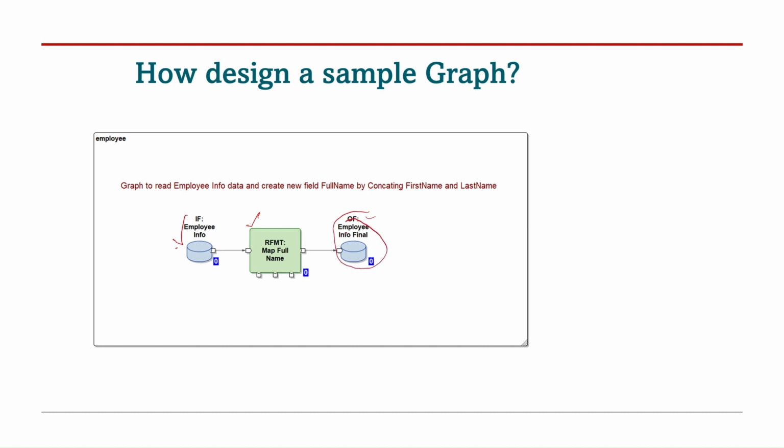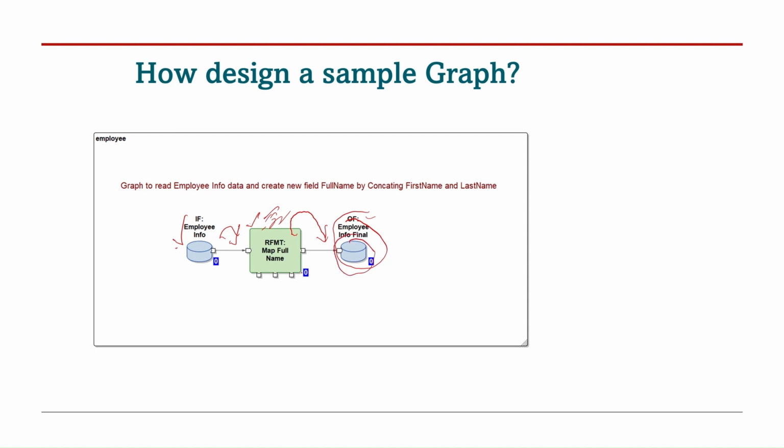It is a single flow of data: the data flows from the input file to reformat, which is step 1, where all your transformations are performed, and after the transformations the data goes to the output and creates your final output.